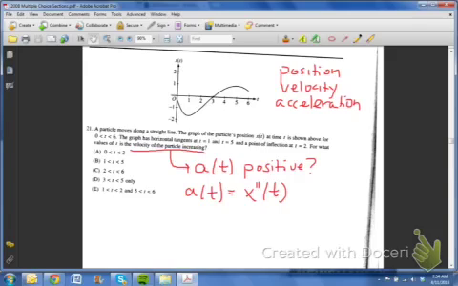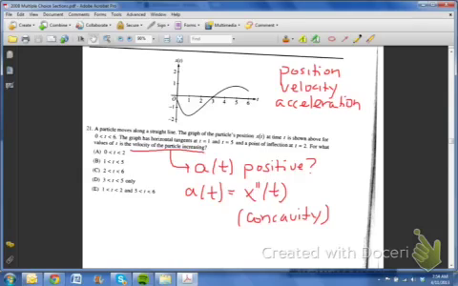We're looking at the position graph, so that means that we're going to be looking at the concavity of this graph. The concavity of the position graph tells you the acceleration, because the acceleration is the second derivative, and the second derivative tells us the concavity. So all those things go together.